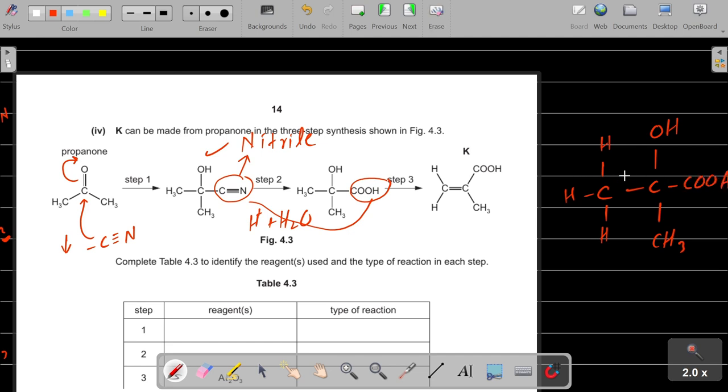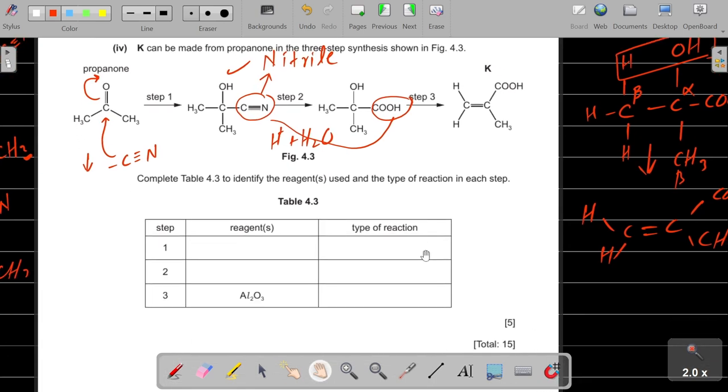You know what an elimination reaction is? This is the alpha carbon, because your functional group is connected with this carbon. This is a beta carbon. This is also a beta carbon, because it is also connected with the alpha. So OH is removed from alpha and one hydrogen is removed from beta. So when elimination occurs, you will get this product, okay?